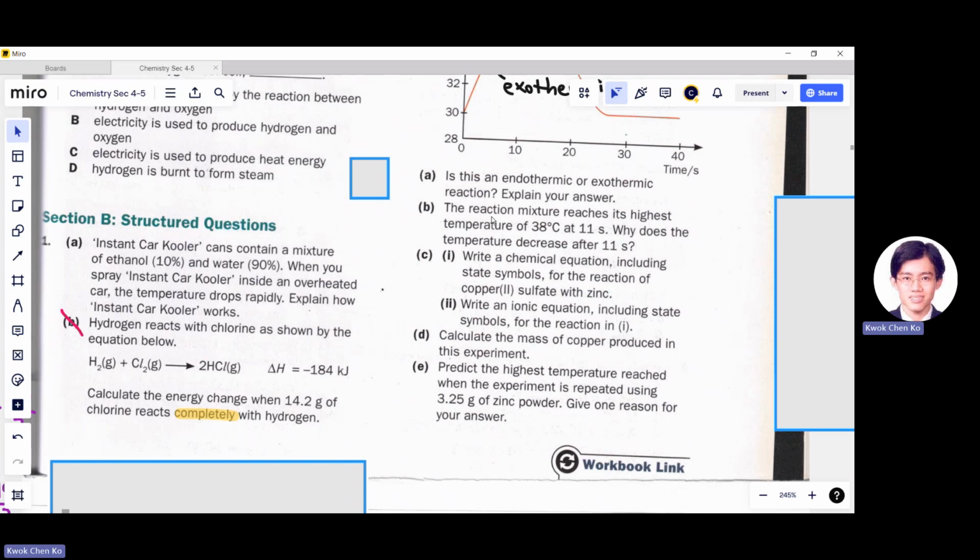The reaction mixture reaches a higher temperature. Why does it decrease? Because it's going back to room temperature.